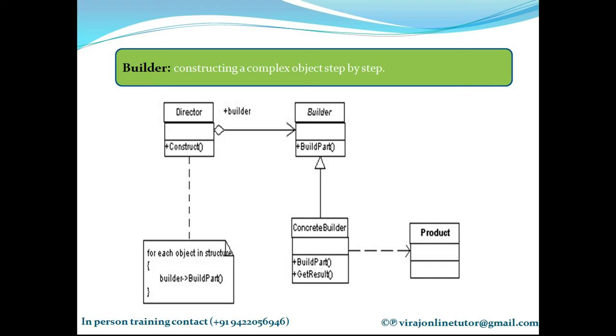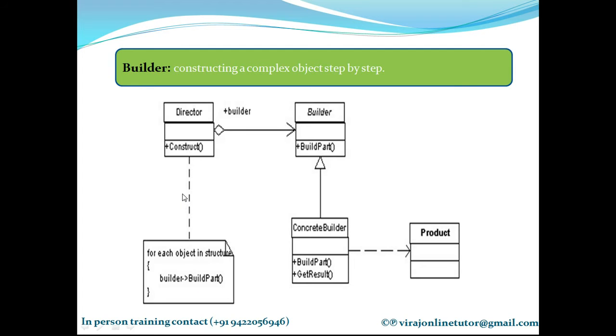An abstract base class declares the standard construction process. So here I have a class called Director in which I have a function called construct. In this function construct, what did I implement? For each object in a structure, builder->buildPart.